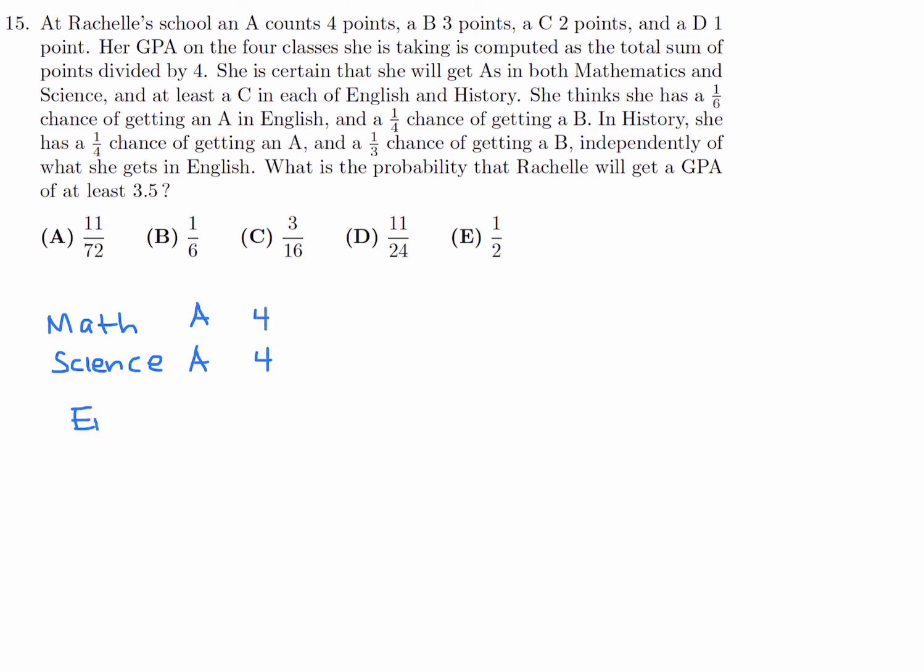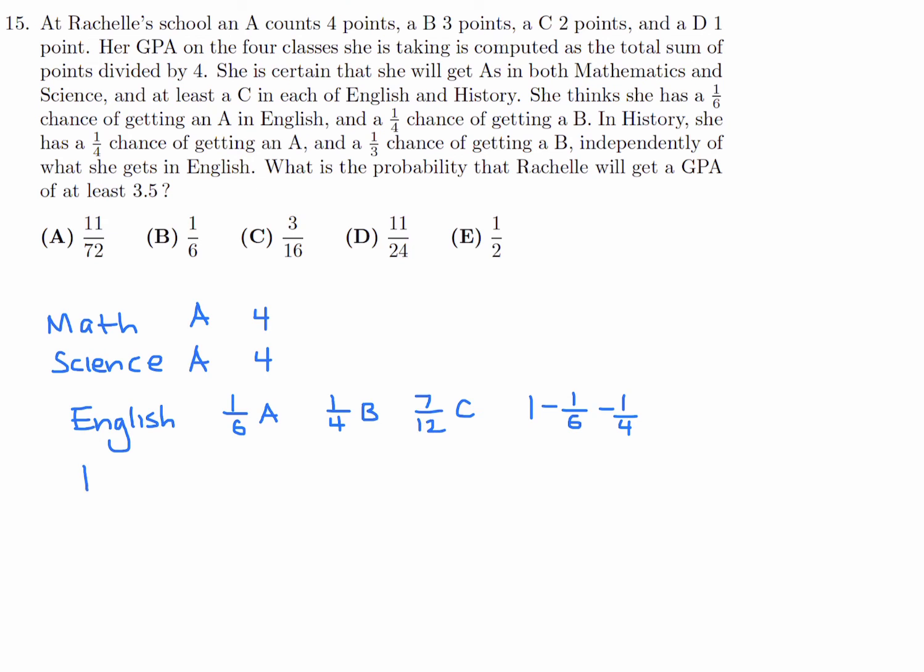For English, she has, according to her, a probability of 1/6 of getting an A and 1/4 of getting a B. And then she also could get a C. And the C is, they don't tell us, but obviously it's the other portion of the percentage, which would be 1 minus 1/6 minus 1/4. And that's 7 over 12.